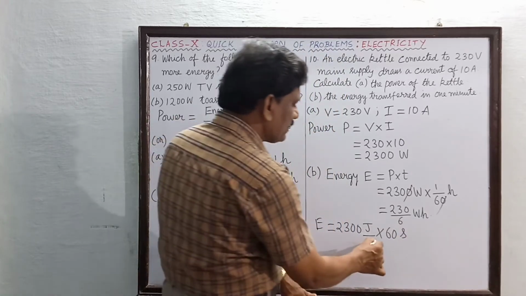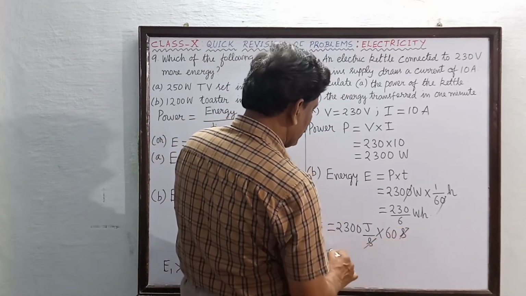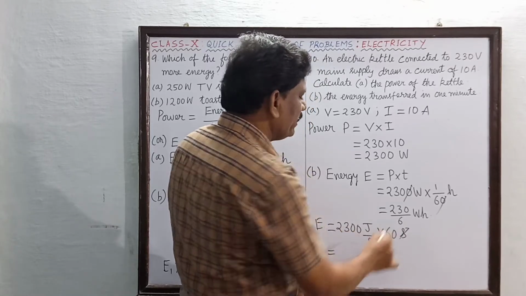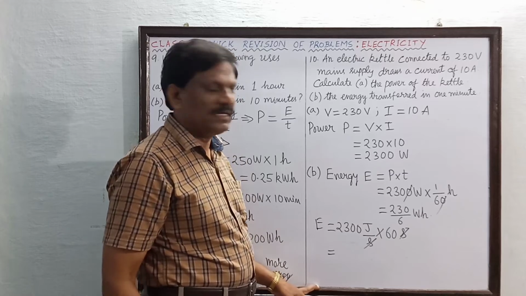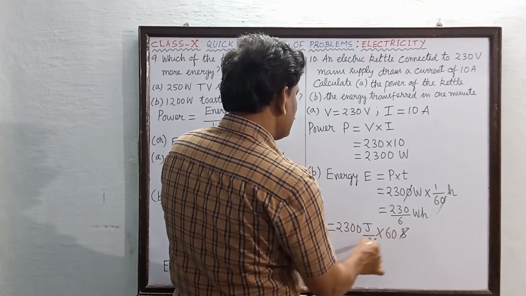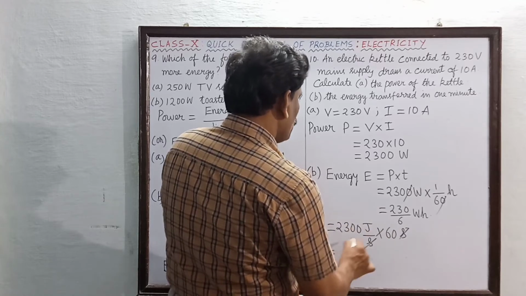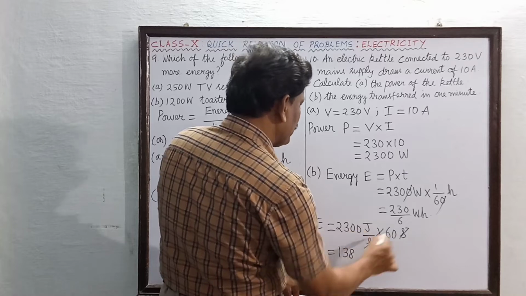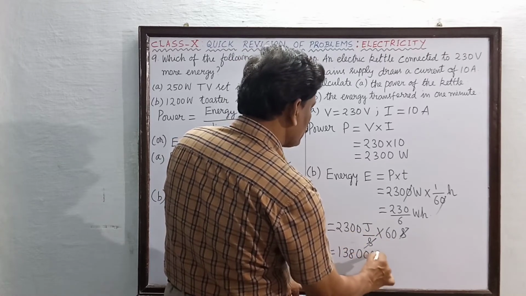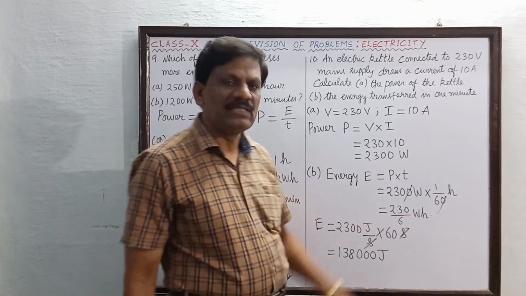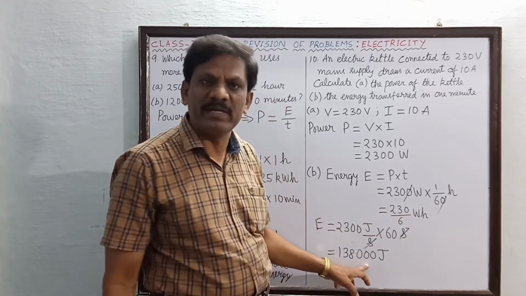So second and second get cancelled. So it is 2300 into 60. If I multiply 23 into 6, 138, so this is 138 followed by 3 zeros joule. The energy in watt hour I have written, and the energy in joule also.